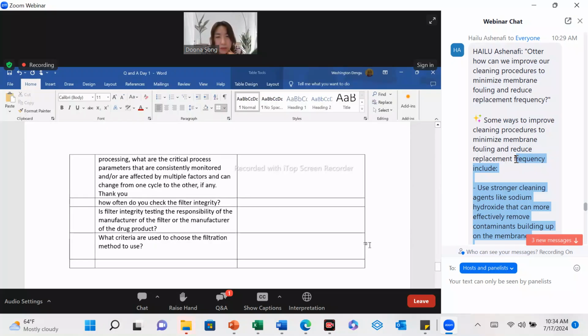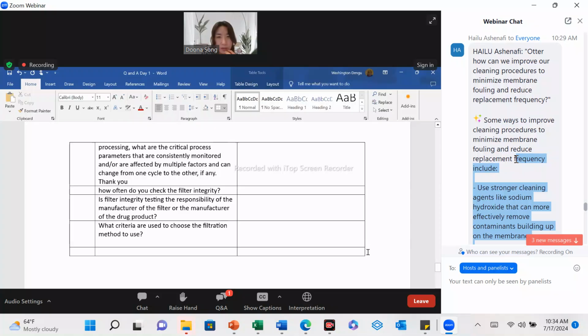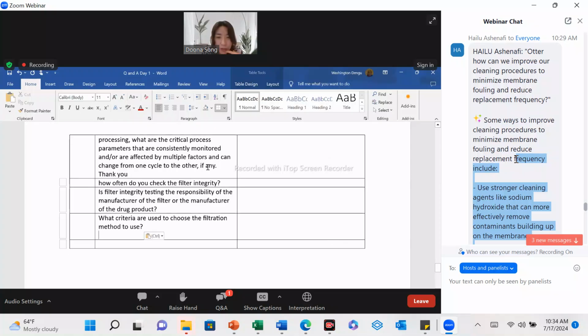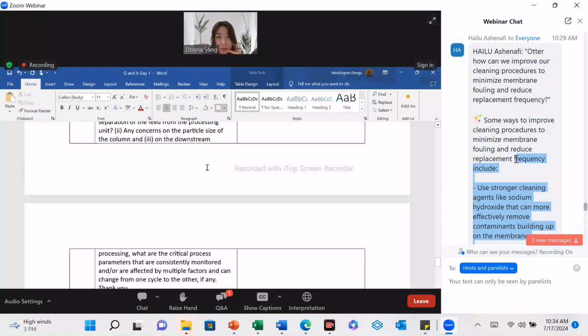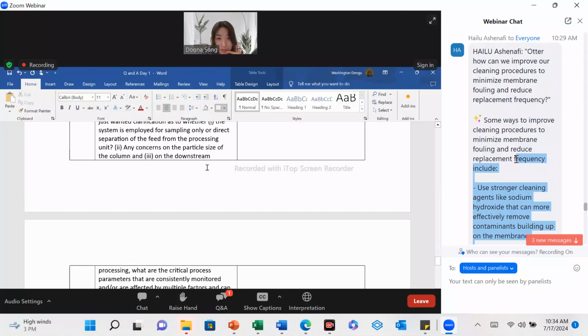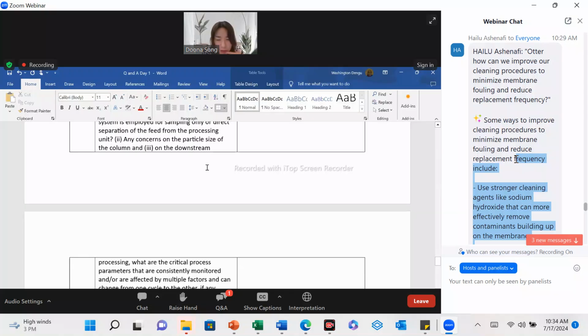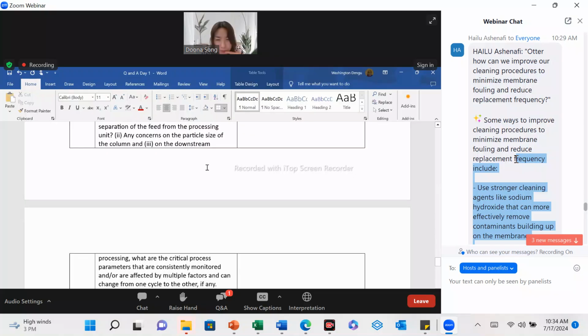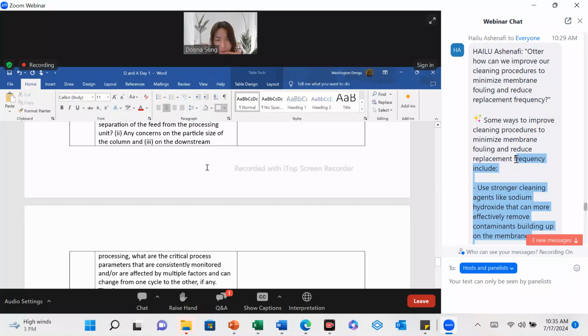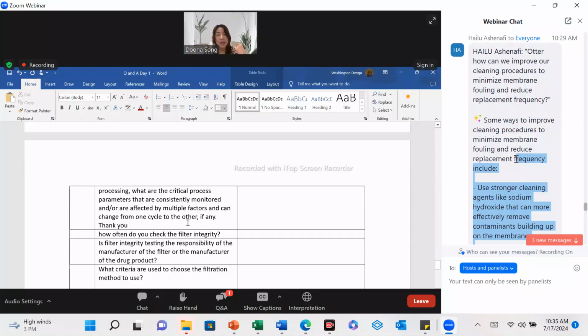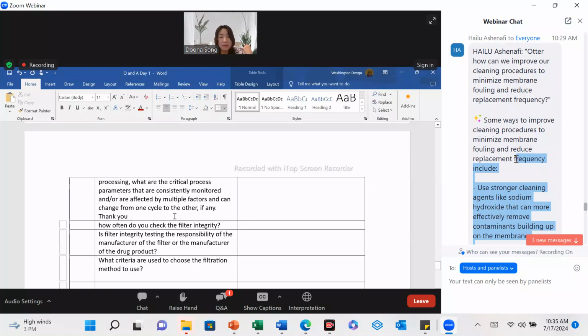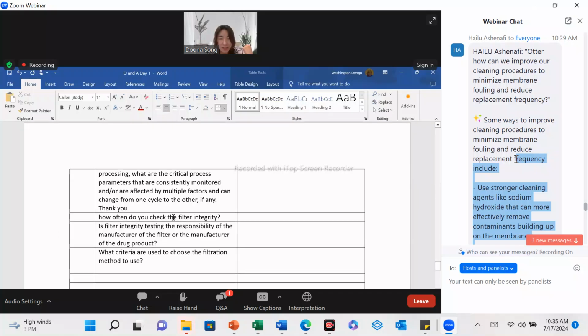I can't understand whether this is for chromatography, TFF, or just the downstream process. It may be difficult to say what the question is for.